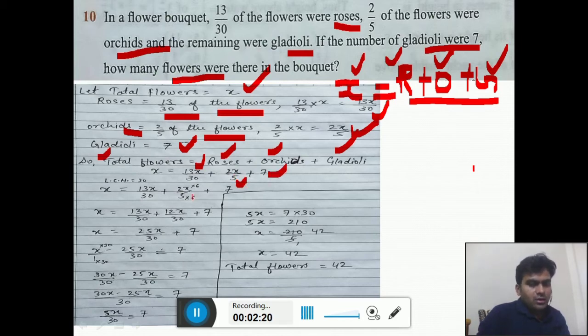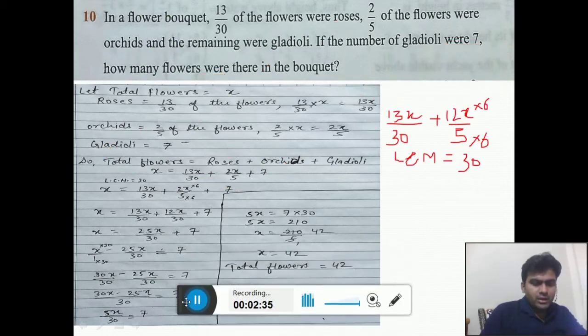Now what we will do, we will simplify these two fractions which are written, 13X upon 30 plus 2X upon 5. I'll take the LCM of 30 and 5.